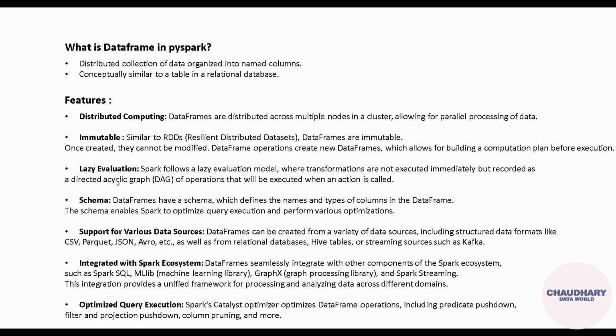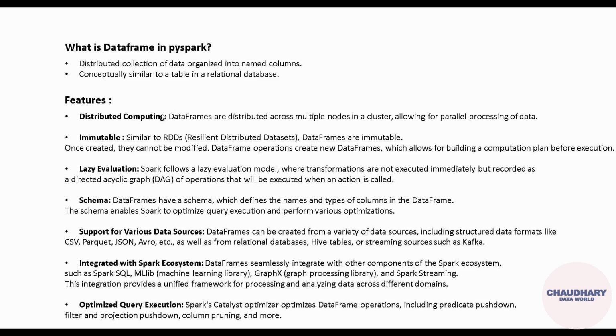These two were the biggest differences between both of them, and you can see the other literature ahead that a data frame in PySpark is a distributed collection of data organized into named columns. Of course, you got it. Conceptually similar to a table in a relational database, which I already mentioned is similar to the tabular format we see in databases like SQL.